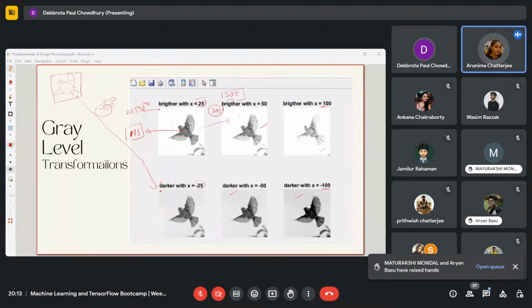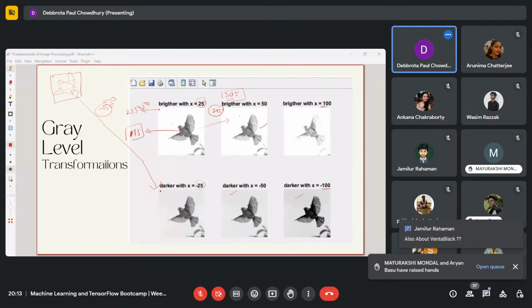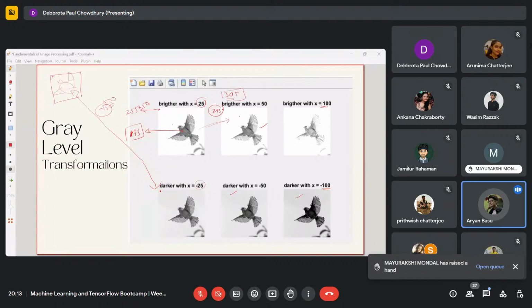Those who have raised their hands can unmute their mics to answer. Yes, please unmute and tell me. Sir, good evening. My take on contrast would be making color more saturated. If you increase the contrast, it makes the colors even brighter.